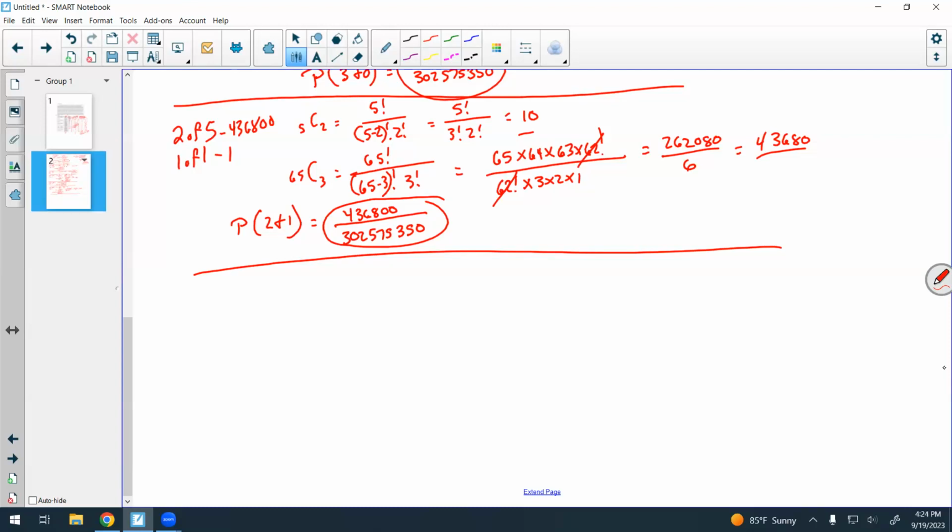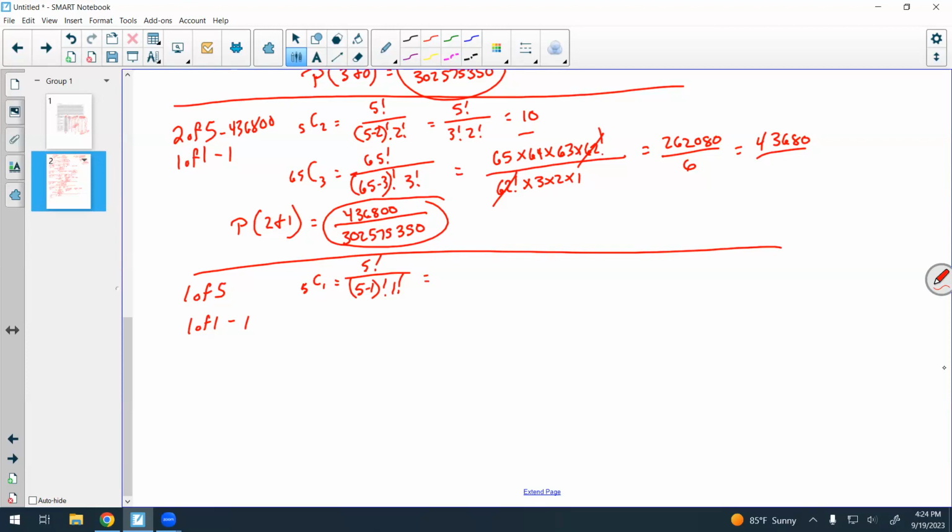The next prize tier is 1 of 5 and 1 of 1. And we know there's one way to do that. How many ways do we get 1 of 5? 5, choose 1. 5 factorial over 5 minus 1 factorial, 1 factorial, and of course 1 factorial is just 1.